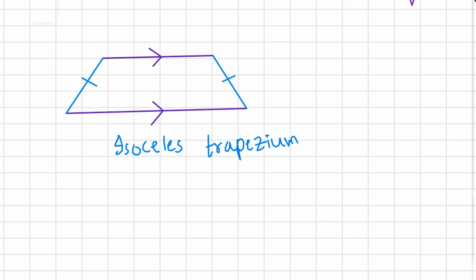For it to become a parallelogram, one pair of parallel sides should be equal. That is enough. If just one pair of sides are parallel and equal, it becomes a parallelogram. Let's go to the next part. Next point.